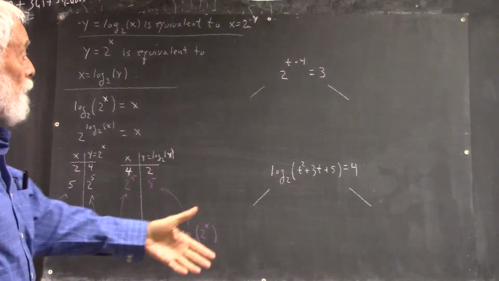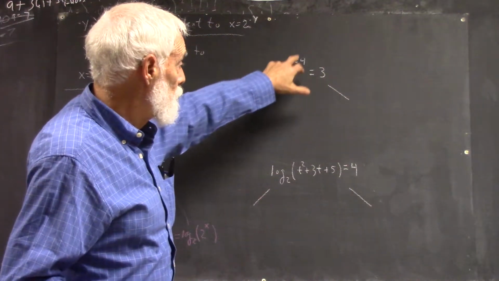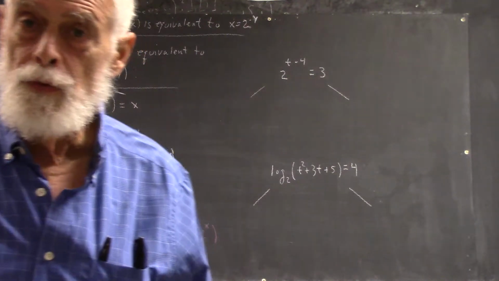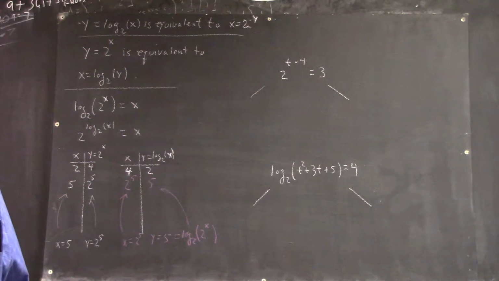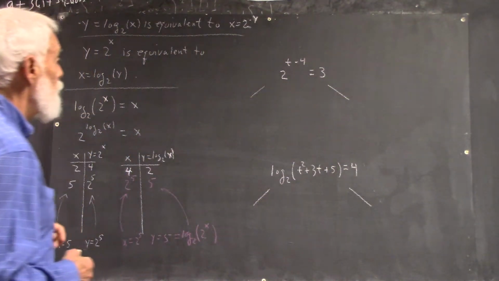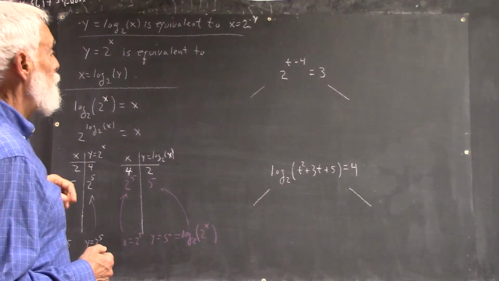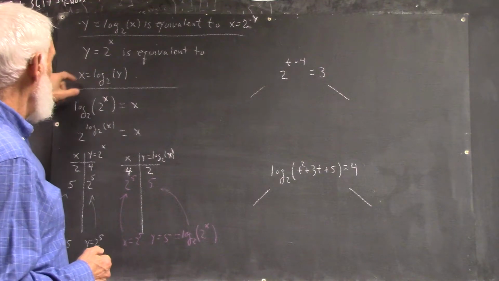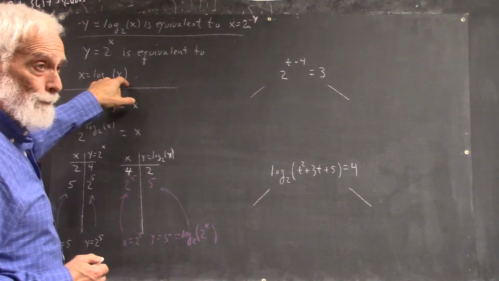Okay, well, we're going to use those to solve equations. So we want to solve the equation 2 raised to the t minus 4 equals 3. Well, we use the fact that y equals 2 to the x is equivalent to x equals log base 2 of y.